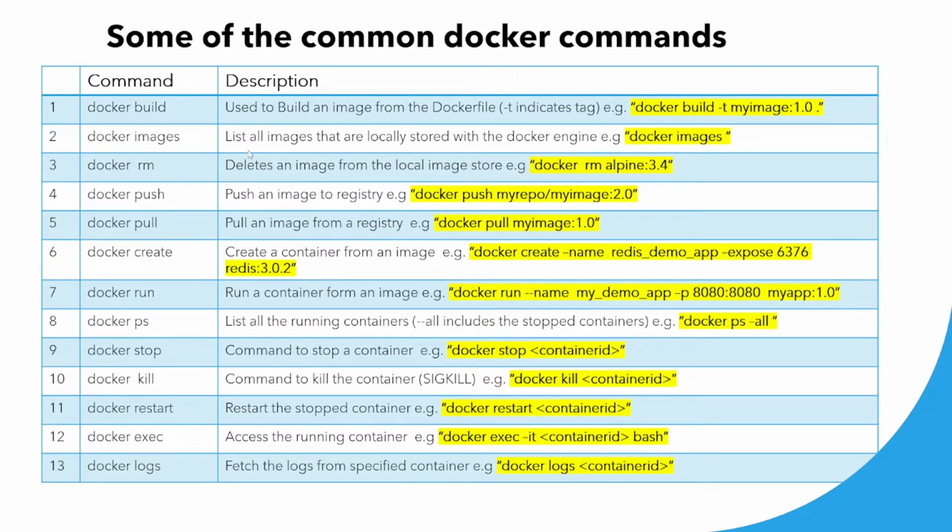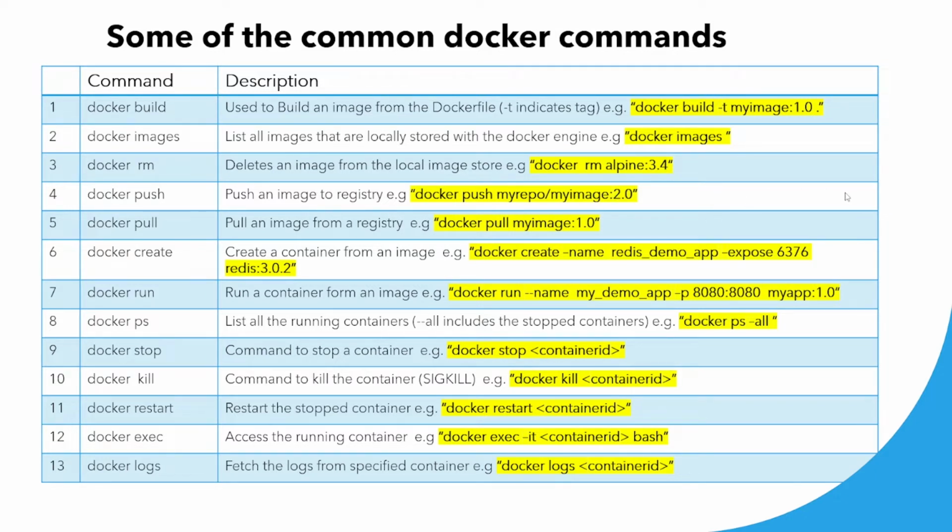Okay, next we have the command docker images. This command will list all the images that are locally stored with the Docker engine. So the command is docker images, or you can say docker image ls, both will do the same thing. Then we have docker rm.